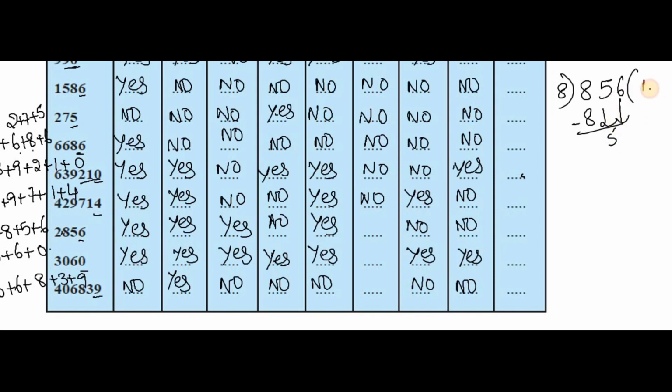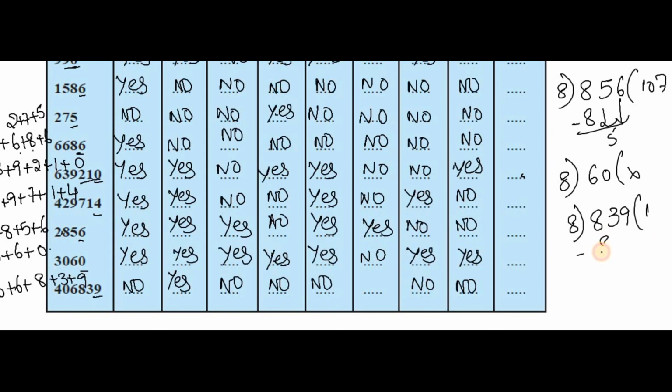As 5 is small, we will take 8 sevens are 56. So it is divisible by 8. And 60, it is not there in the 8 table. 839. 8 ones are 8. 39 will not come in the 8 table.